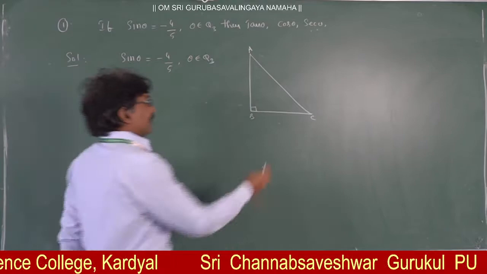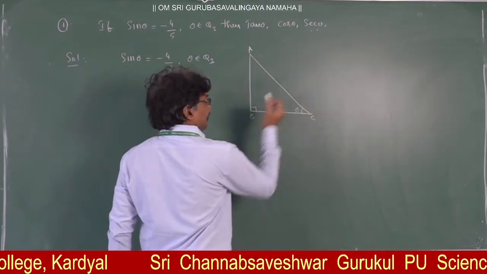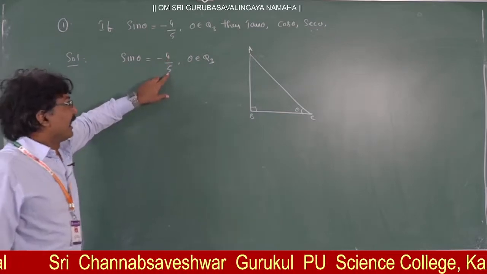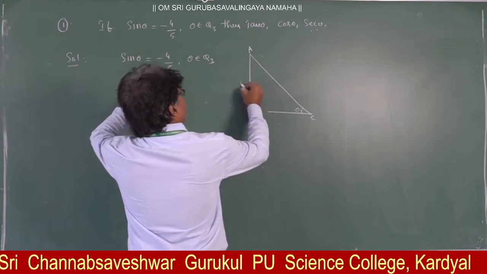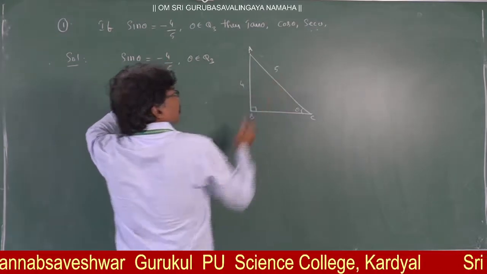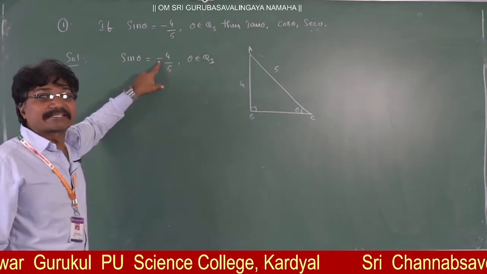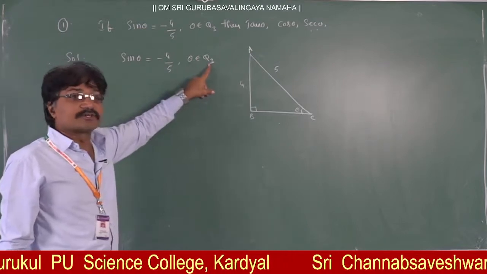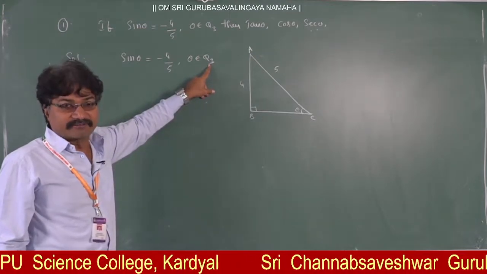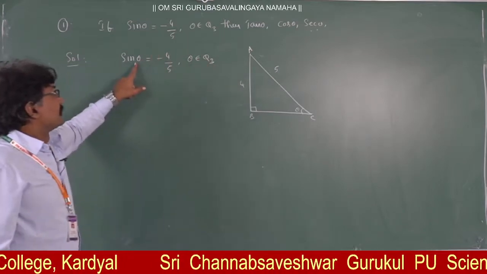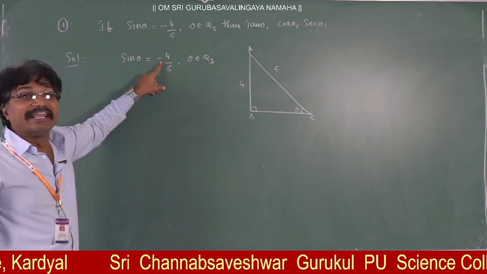Sin theta formula is opposite side by hypotenuse. Opposite side 4, hypotenuse 5. Don't consider the minus symbol. Minus symbol denotes only the quadrant. That is very important. In the third quadrant, sin value is negative.